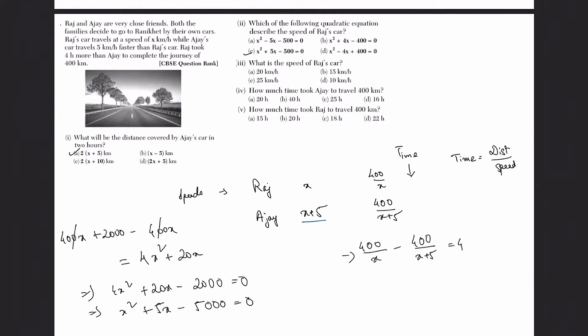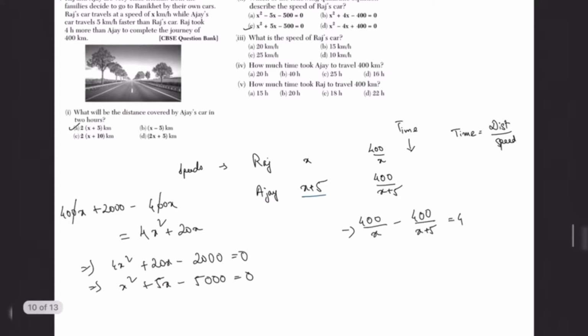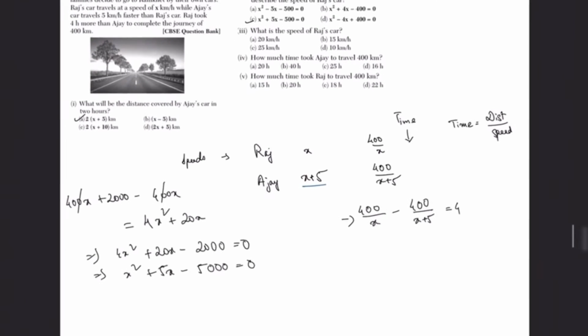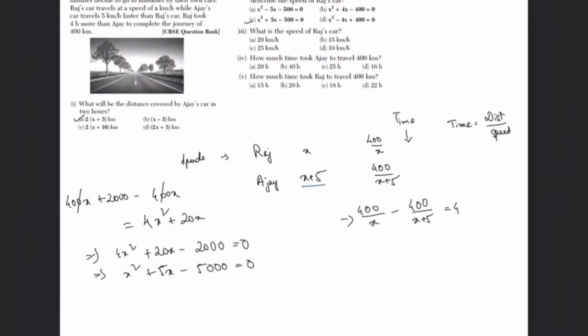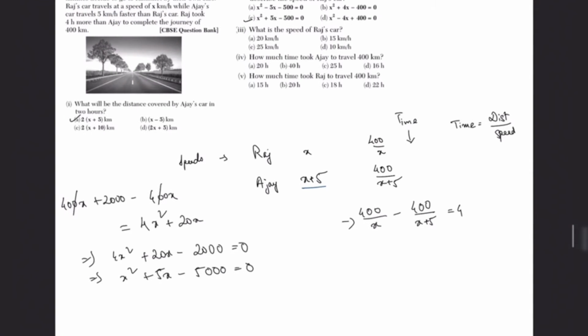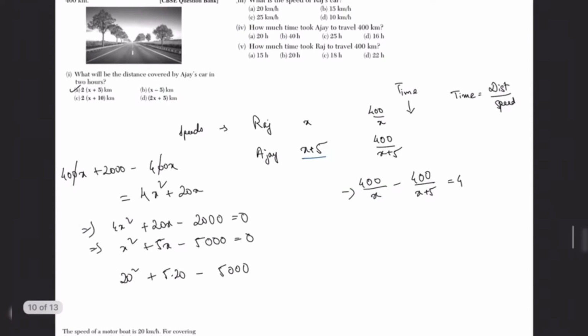What is the speed of Raj's car? So what is the value of x? Now just quickly check each of these values, whichever fits. So let's start with x equal to 20. You have 20 square plus 5 into 20 minus 500. Just a minute. Am I making a mistake somewhere?